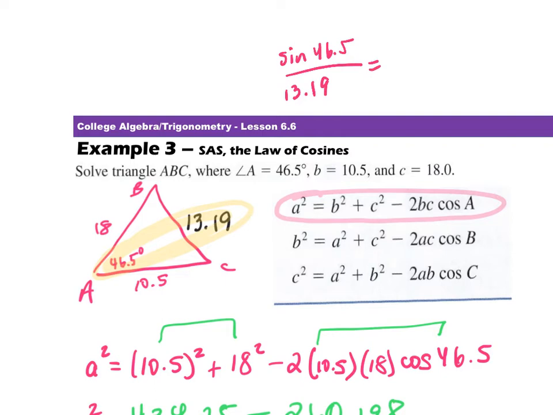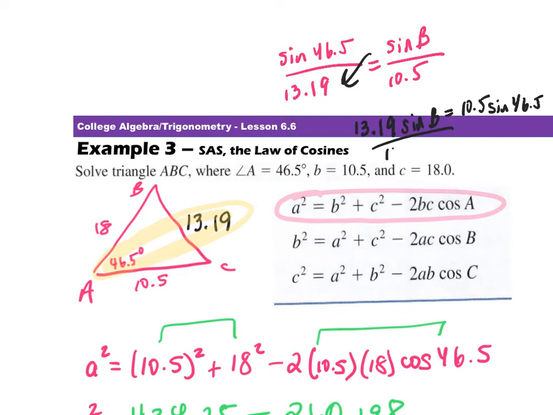I'm going to say sine of 46.5 divided by 13.19 equals, I'm going to try to find B, so sine of B over 10.5. We've done this a million times. We're going to cross multiply. So you have 13.19 times the sine of B equals 10.5 times the sine of 46.5.